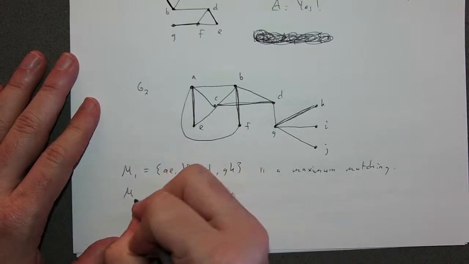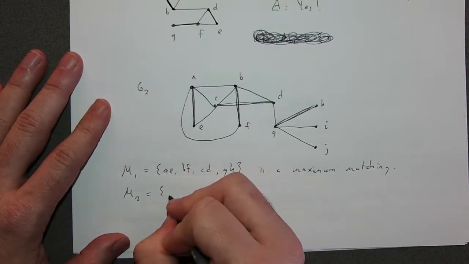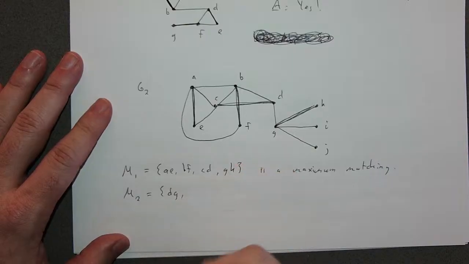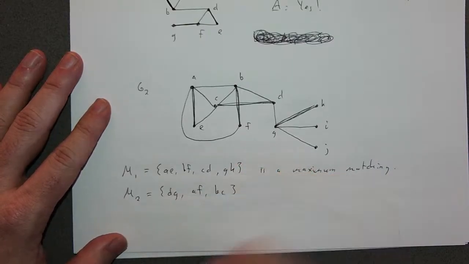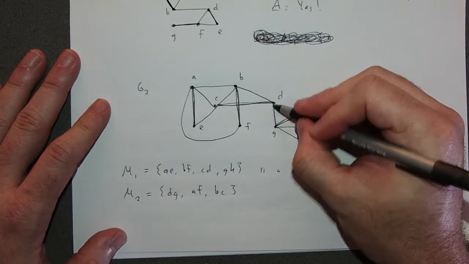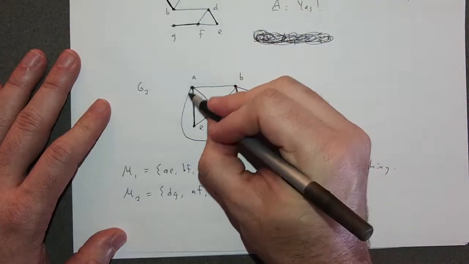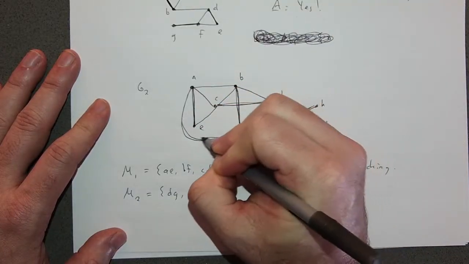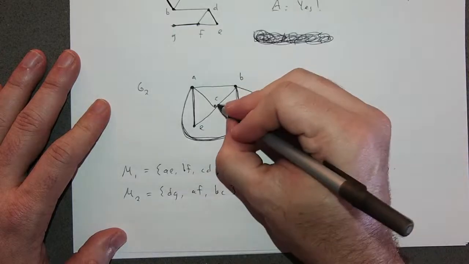Okay, let's do another matching. So M2 is, we'll say, DG, AF, and BC. So here, just to highlight it, this is DG, AF, it's this one, and BC.